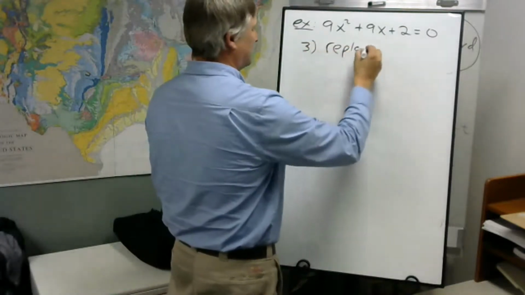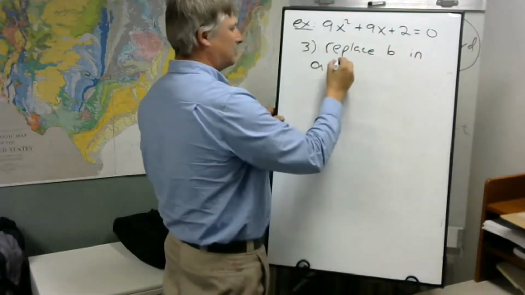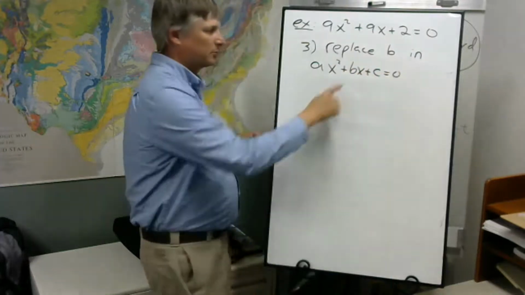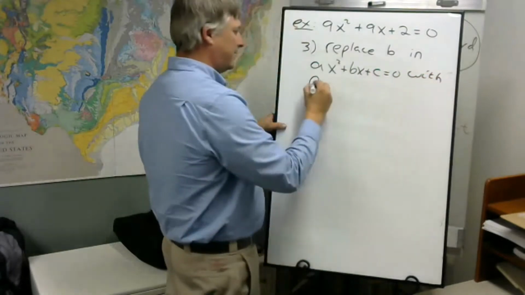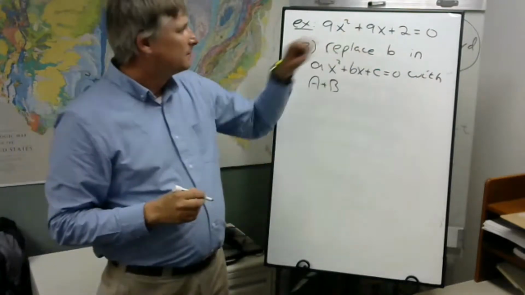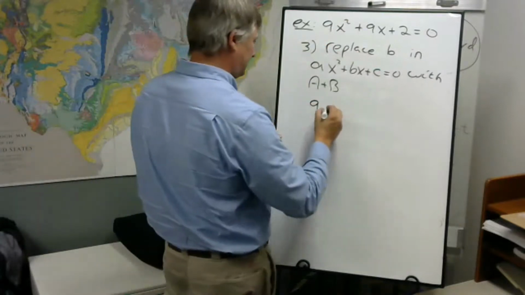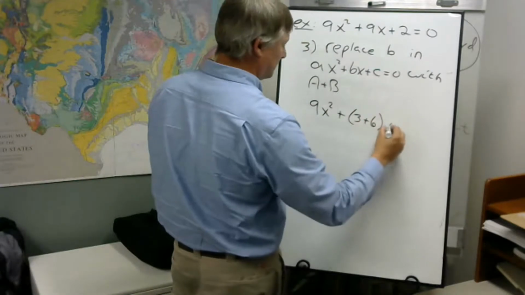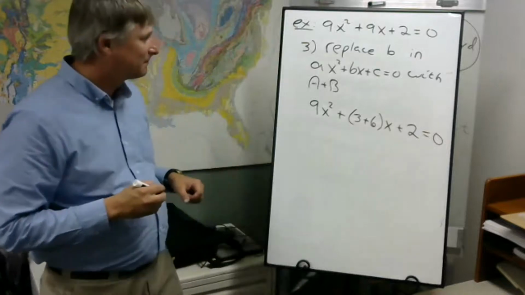Replace the lowercase b in ax squared plus bx plus c equals 0. We're going to replace this with capital A plus capital B. So that means this equation now becomes this right here.